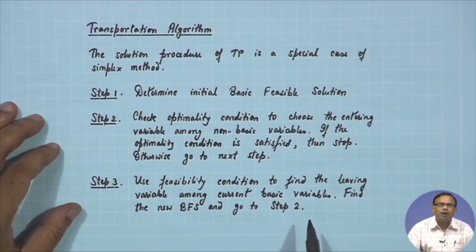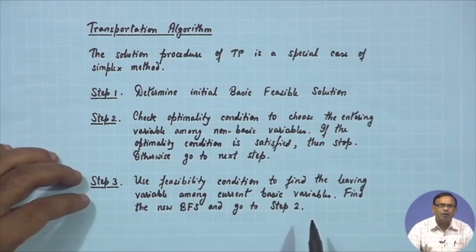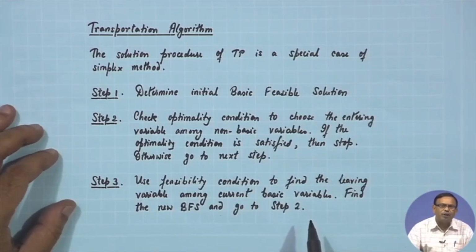In step 2, we check the optimality condition to choose the entering variable among non-basic variables. If the optimality condition is satisfied, we stop, otherwise we go to the next step and use the feasibility condition to find the leaving variable among current basic variables. Then find the new basic feasible solution and go to step 2.